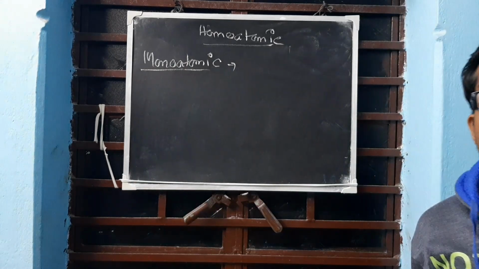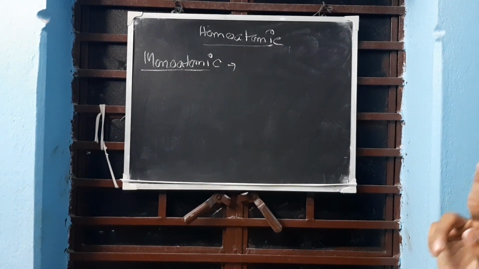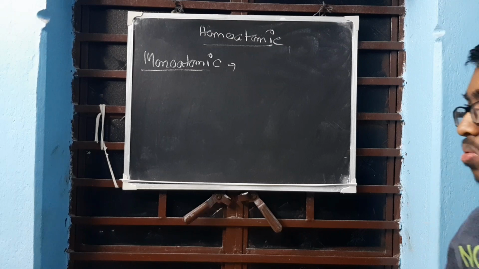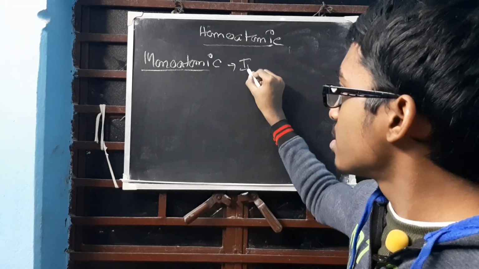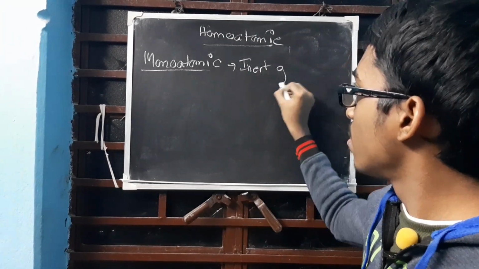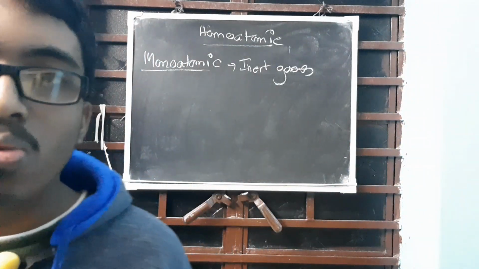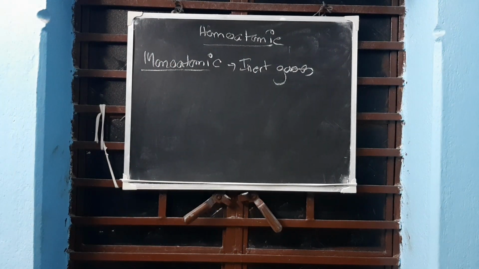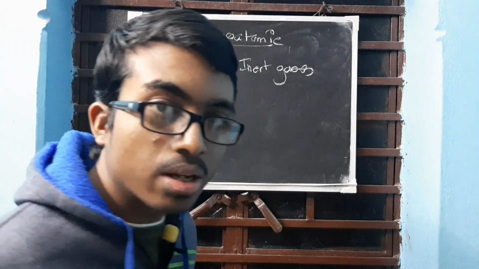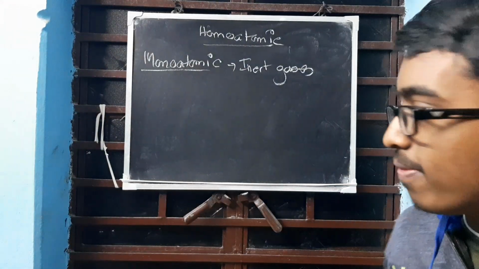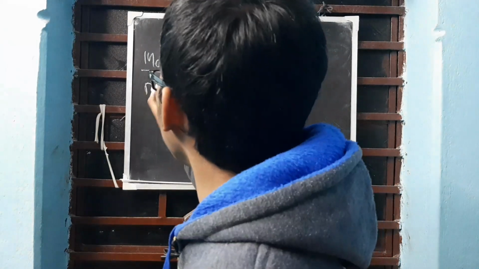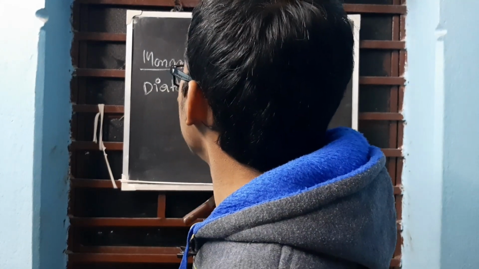Monoatomic means one atom in one molecule. Who are they? Inert gases. Am I correct or wrong? Inert gases have only one atom in their molecules. So inert gases is going to be the answer over here. This is monoatomic. Now if I mention diatomic, then what will be the answer?